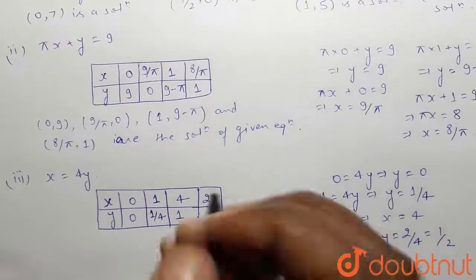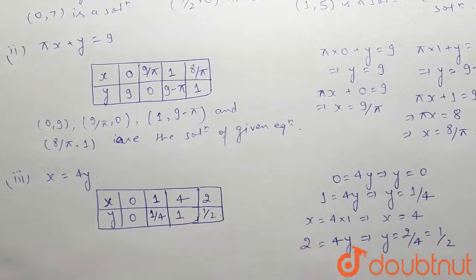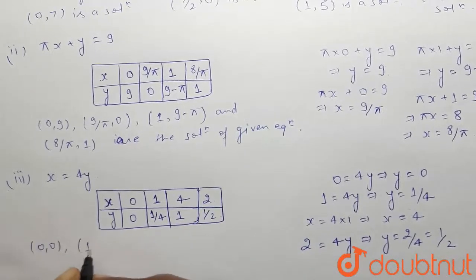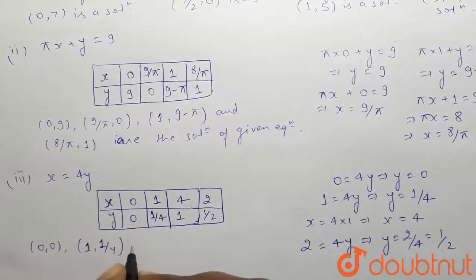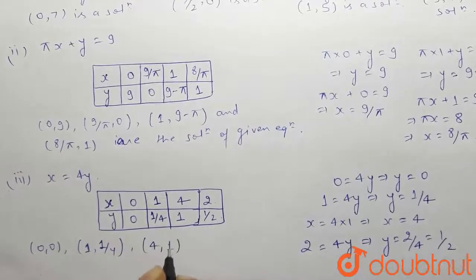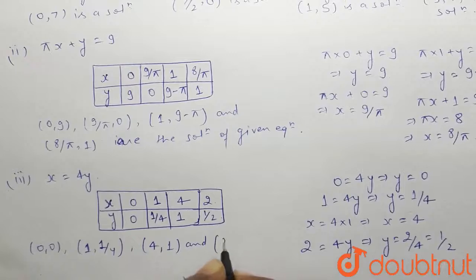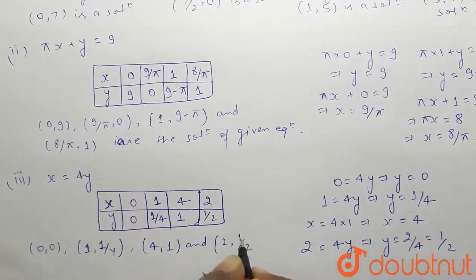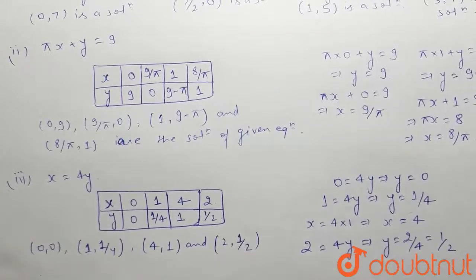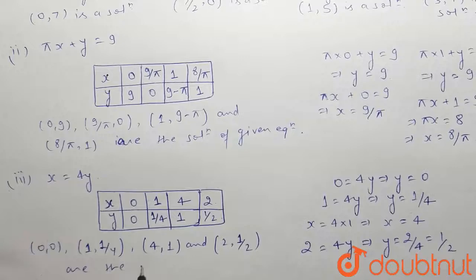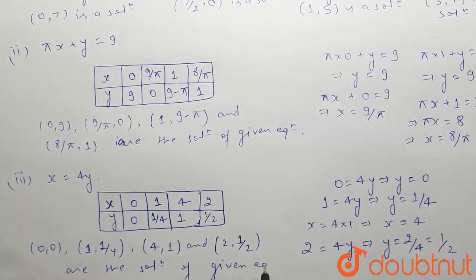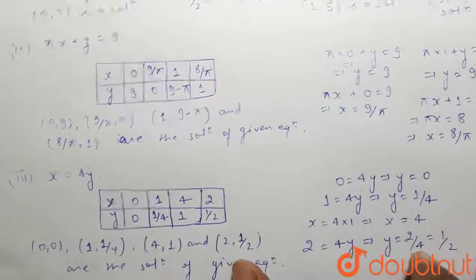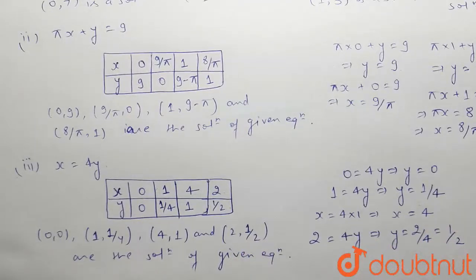So 0 comma 0, 1 comma 1 by 4, 4 comma 1, and 2 comma 1 by 2 are the solutions for the given equation. So these are the answers.